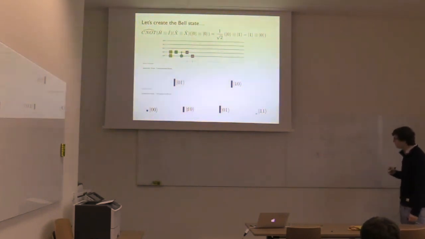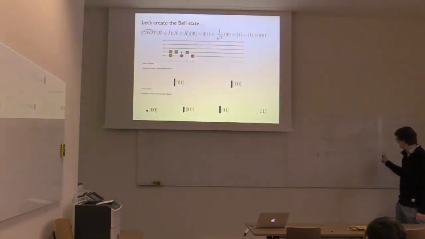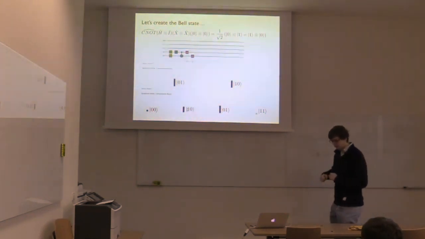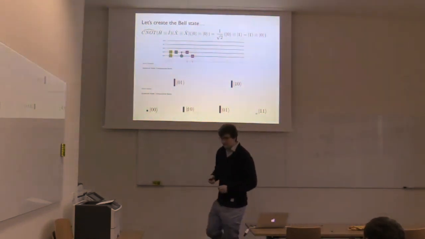And the second qubit becomes A ⊕ B, where this sign means addition modulo 2, so this is exclusive OR, okay? When we have 0, 0, it gives you 0. When it's 0, 1, it gives you 1. 1, 0 gives you 1, and 1, 1 gives you 0 as well, okay? So this is the logical operation that you can execute using this operation.